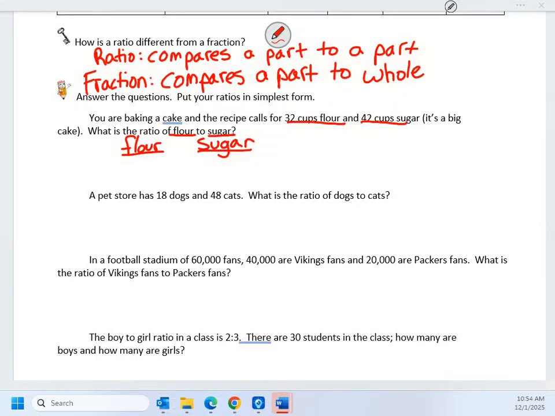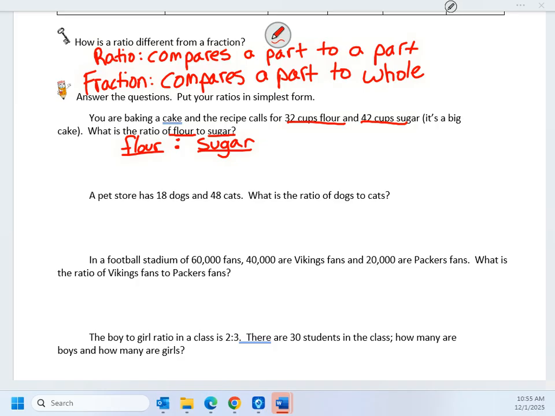They'll flip it because they want to make sure that you are paying attention to details. Details matter, right? We have to put it in the exact same order. So I tell us to label it because it's going to help us put our numbers in the correct spot. The first thing you do is label flour to sugar.